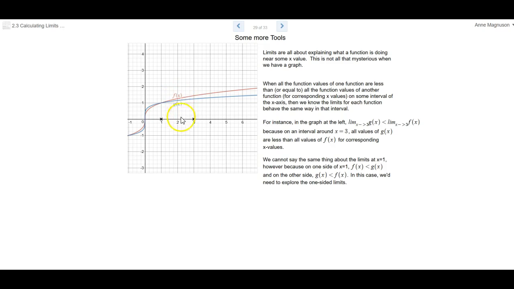It just makes sense. For example, the limit as x approaches 3 of g of x is going to be less than the limit as x approaches 3 of f of x, because all the y values of f are greater than all the y values of g around x equals 3. However, if you look at x equals 1, that's not the case. On one side, g of x is greater than f of x, and on the other side, f of x is greater than g of x. So for that limit, you'd need to look at the one-sided limits.